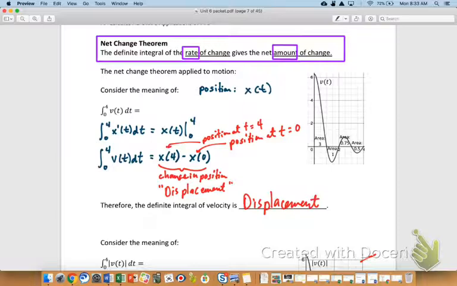And we don't really have any properties here. FTC would be awesome if we had a function for velocity, but we don't. And clearly you can see on the graph I've given you areas, right? So what do you think the actual numerical value of that definite integral is? 2.25. Let's see here.